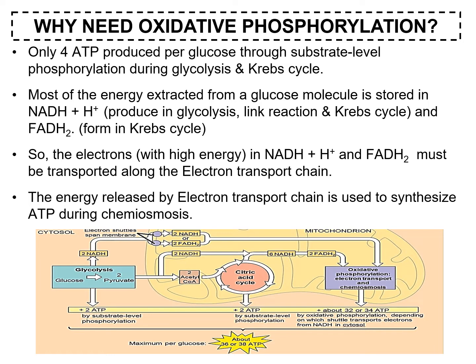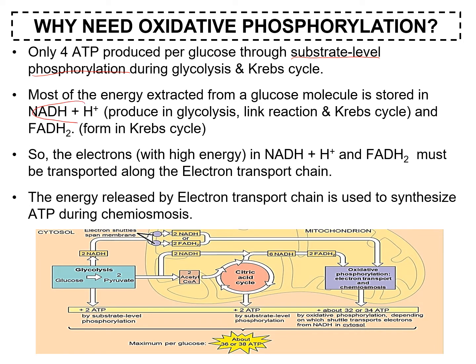First, why do we need oxidative phosphorylation? Because through substrate level phosphorylation, during glycolysis and Krebs cycle, we only produce 4 ATP per glucose. It is only a small amount. We need more energy. But most of the energy extracted from the glucose molecule is stored in NADH and FADH2.